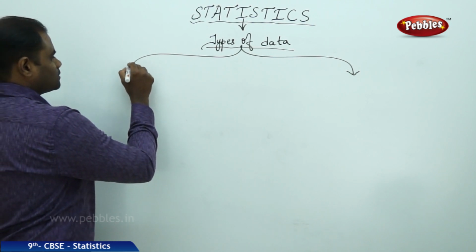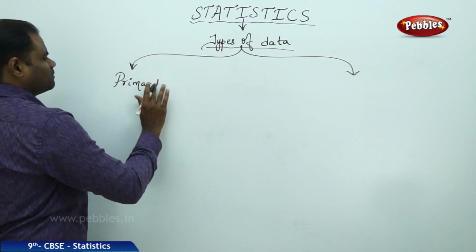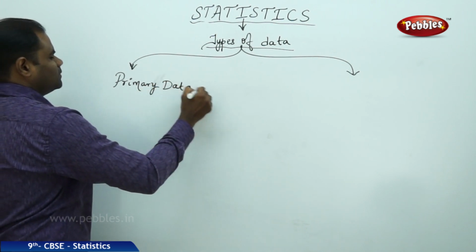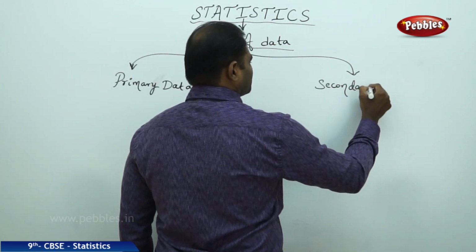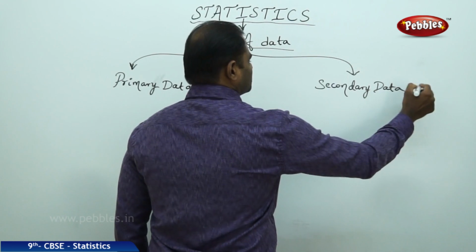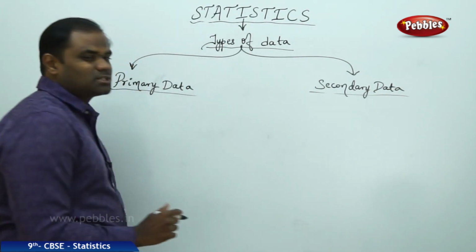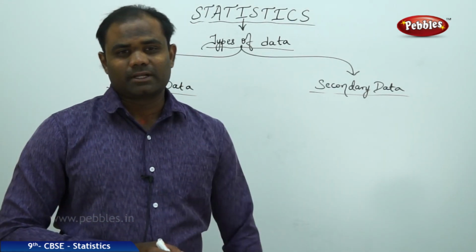One is primary data, the other is secondary data. So what is primary data and secondary data? It's very easy to understand that.